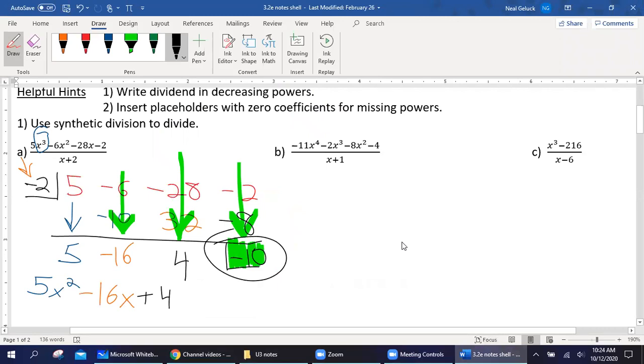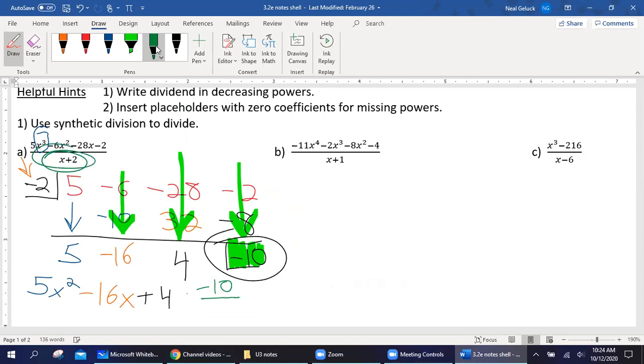I'm going to take the remainder -10 and put it over the divisor. Now remember, the divisor was actually x plus 2. So that's my quotient. There's my answer to the problem.